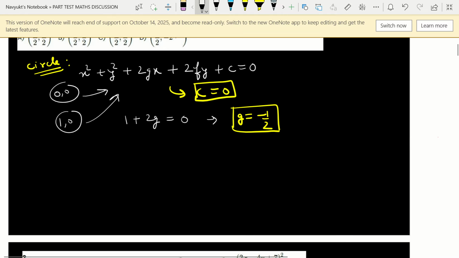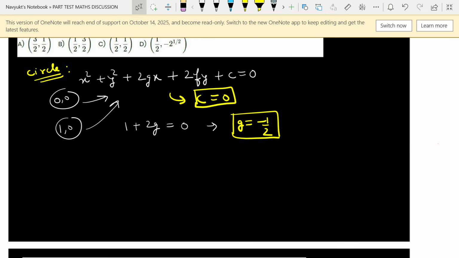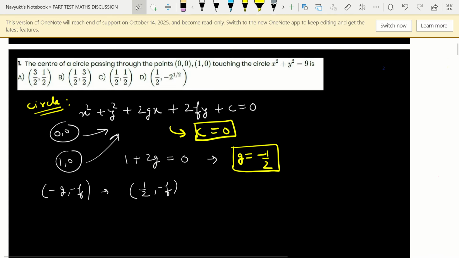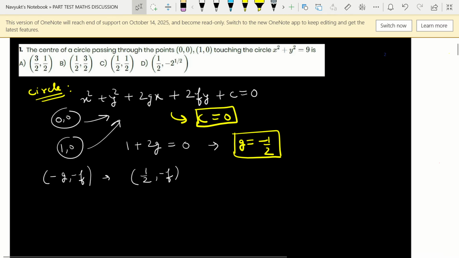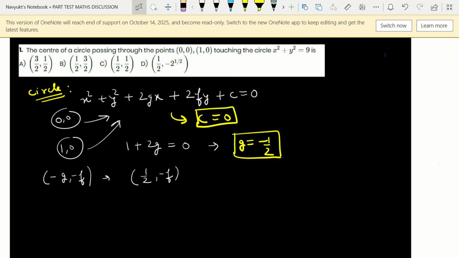From here, we can see that the center of any general circle is given as minus g comma minus f, correct, which in this case will become half comma minus f. We still need to find f, for which we will use the second condition which is given: it touches the circle x square plus y square equals to 9.